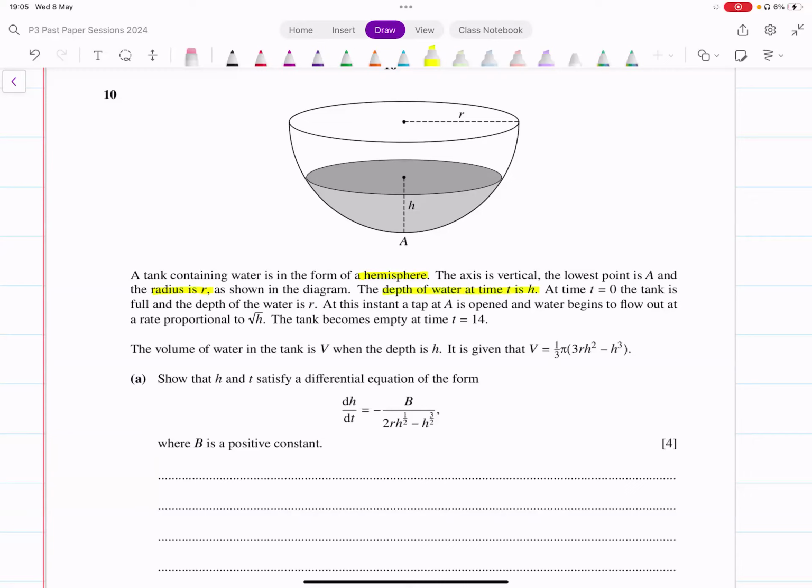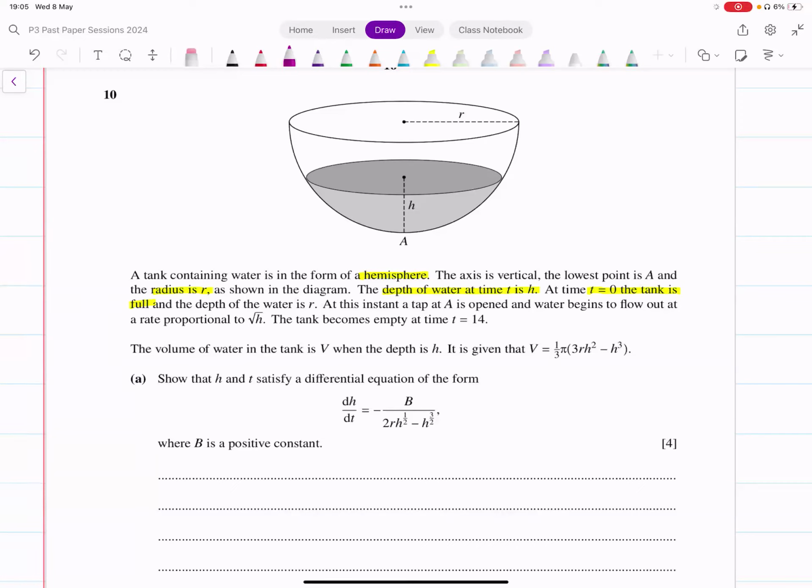That's another variable. So we've got h here as well. We're talking about time. At time t equals 0, the tank is full. So that means at time t equals 0, the volume of water in the container is the same as the volume of this hemisphere because it's full.